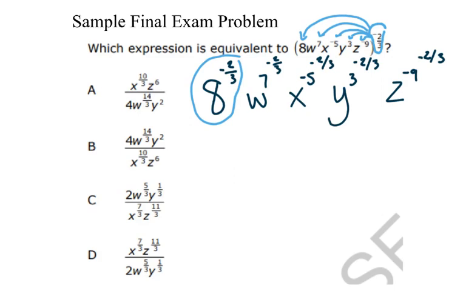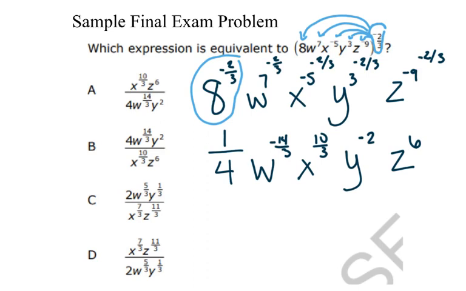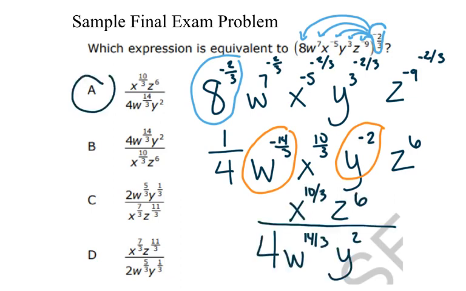Alright, so that is actually 1/4. Everything else is an exponent to an exponent, meaning that you would multiply the exponents. So that's what I'm going to do next. Alright, and then if you'll notice that you have 2 that are negative, meaning that they would go on the bottom. So the answer is A.